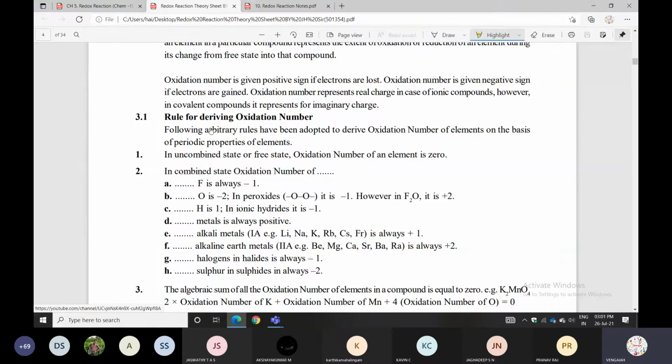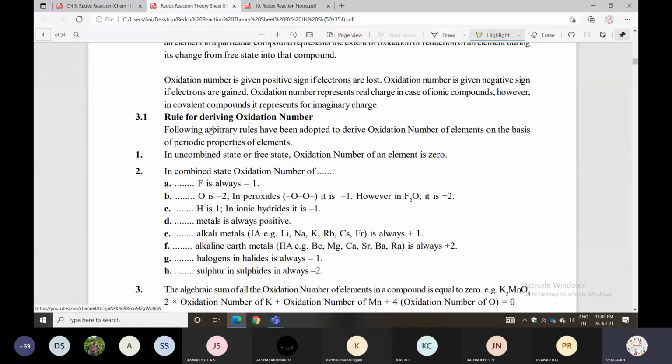In the uncombined state or free state, the oxidation number of an element is 0. Uncombined state, that is free state. In elementary form, a single atom, the oxidation state will always be 0.